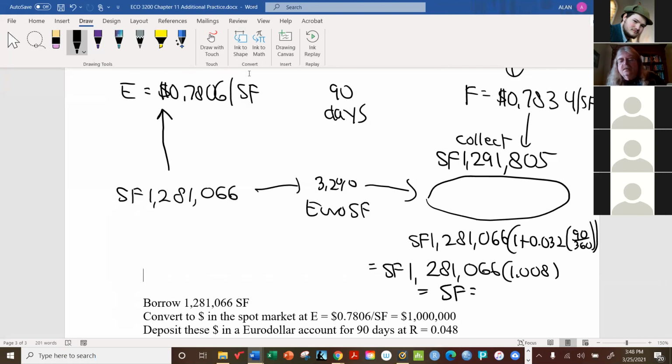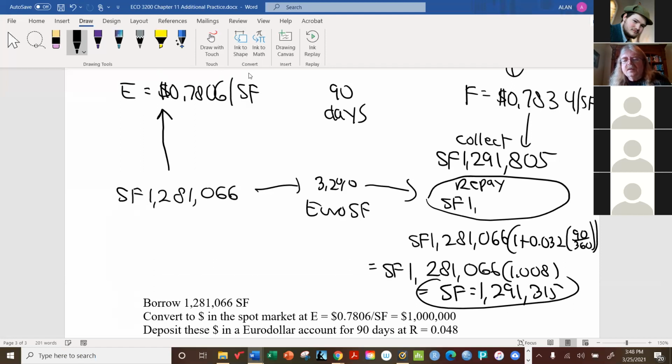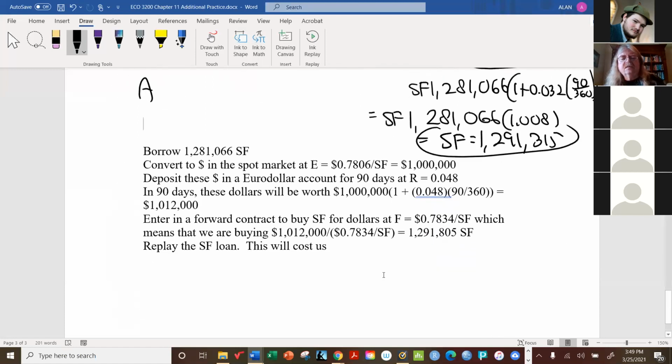Well, good news. It's 1,291,314. Let's make it 315. So this is the amount that we repay on our Swiss franc loan, 1,291,315. So our arbitrage profit, oh, and let me add that to the bottom here.